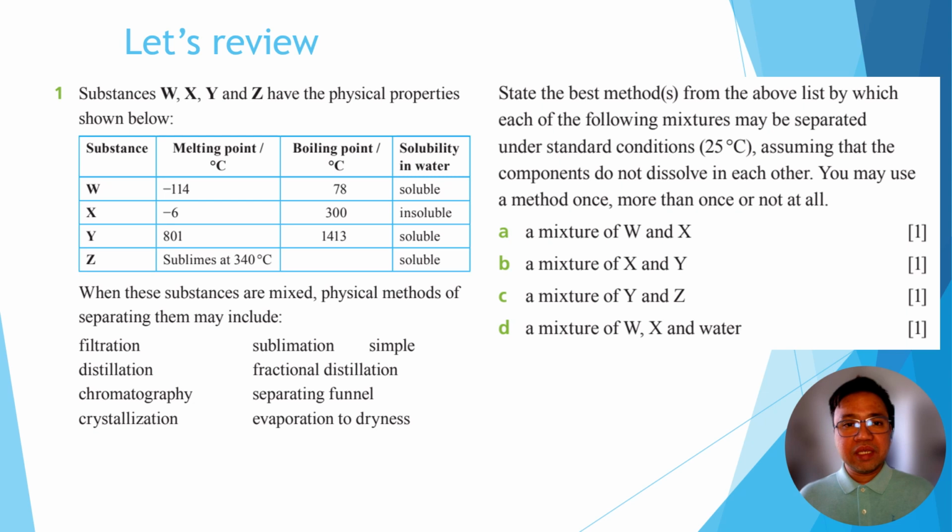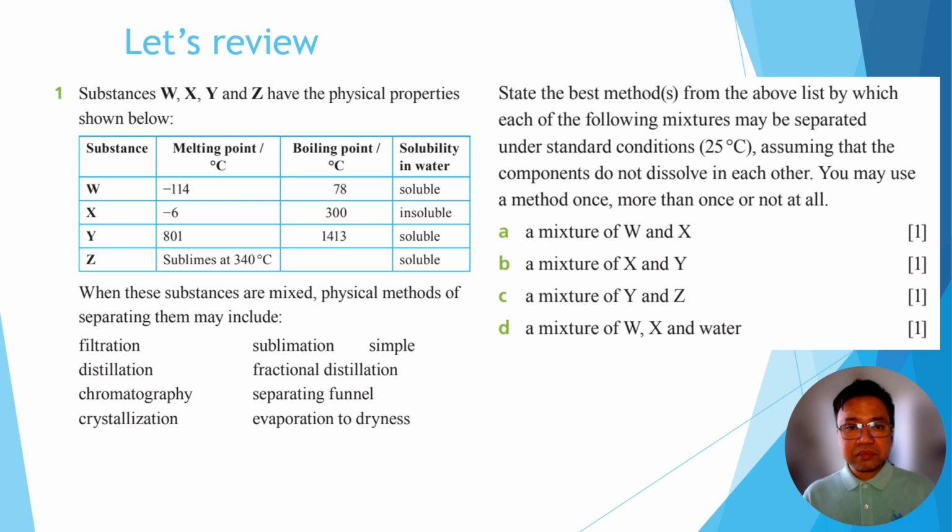Number two, simple distillation. Substance W has the lowest boiling point at 78 degrees Celsius. By heating the solution, we could boil off W and condense it back into a liquid using a condenser, separating it from the other substances in the solution.